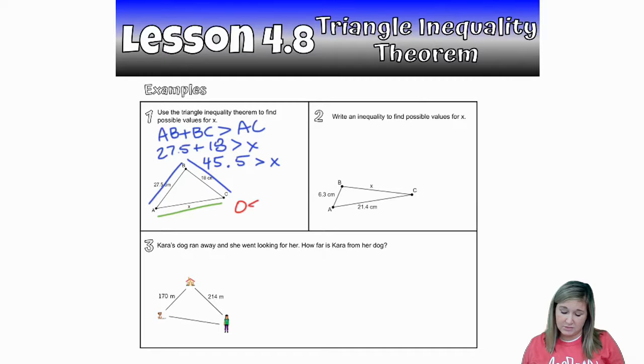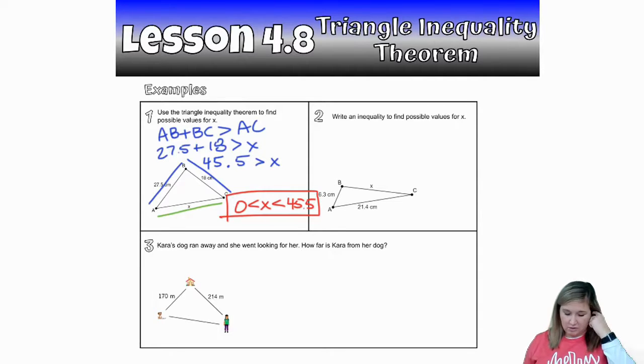So it has to be between 0 and 45.5. I can't have a negative distance when I'm talking about a measurement of x, and I can't have 0 or I don't have a side length. So there's a bottom part that we don't really talk about, but it can't be less than 0. That's something to be aware of.